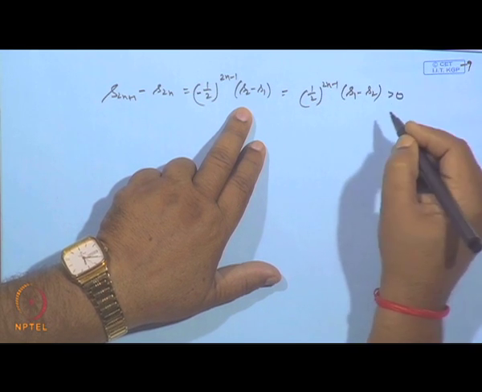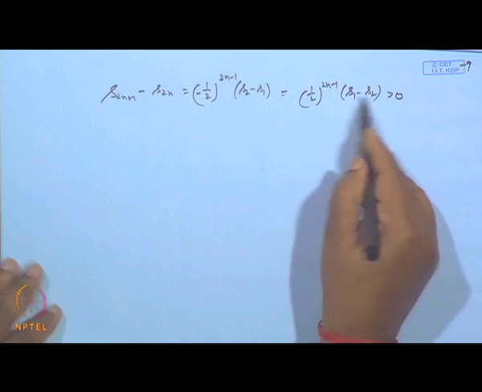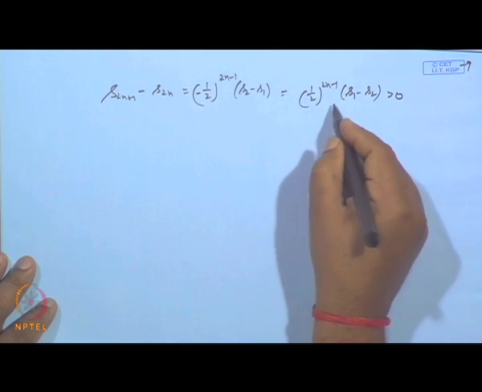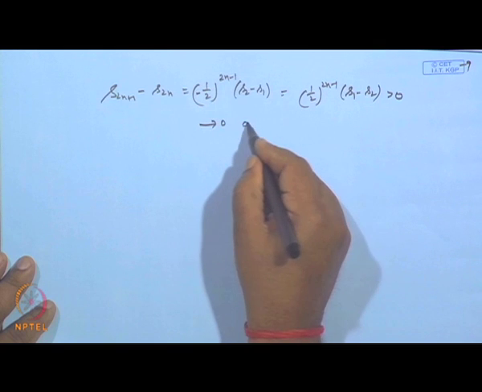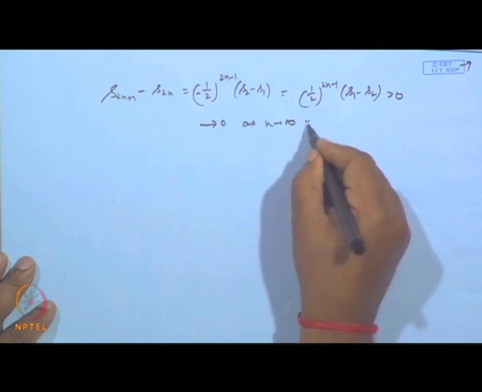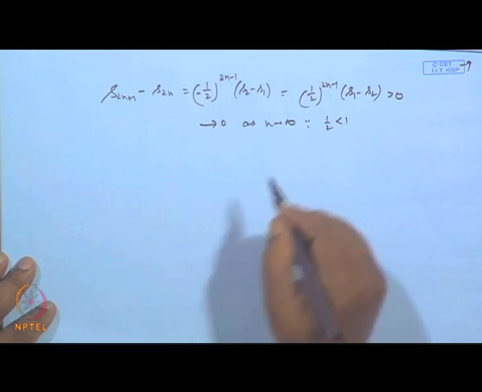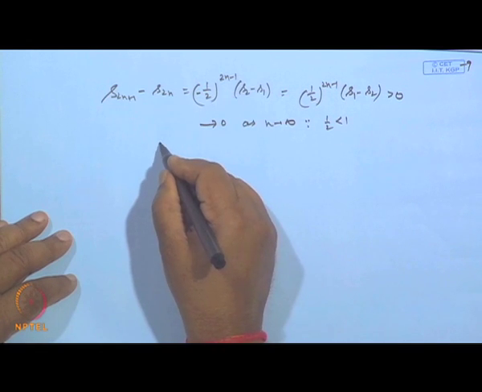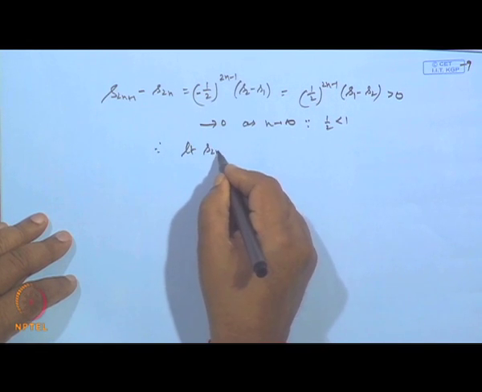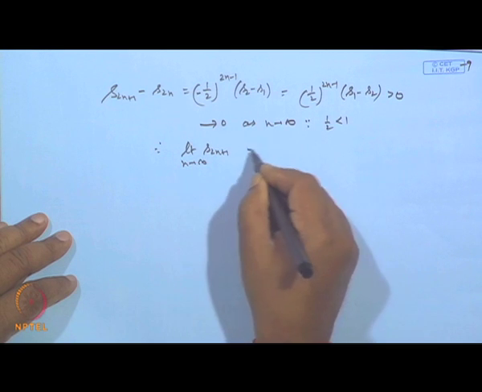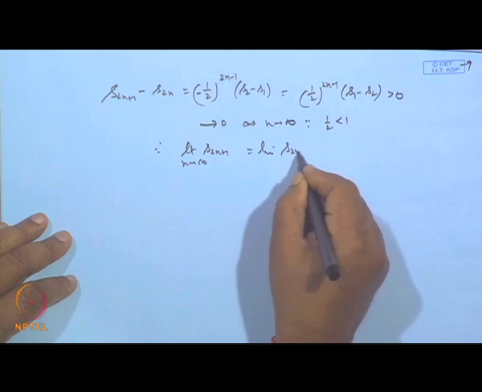Now, this is positive but fixed, and half to the power goes to 0 as n tends to infinity, because half is less than 1. Therefore, the limit of S2n+1 as n tends to infinity is the same as the limit of S2n.